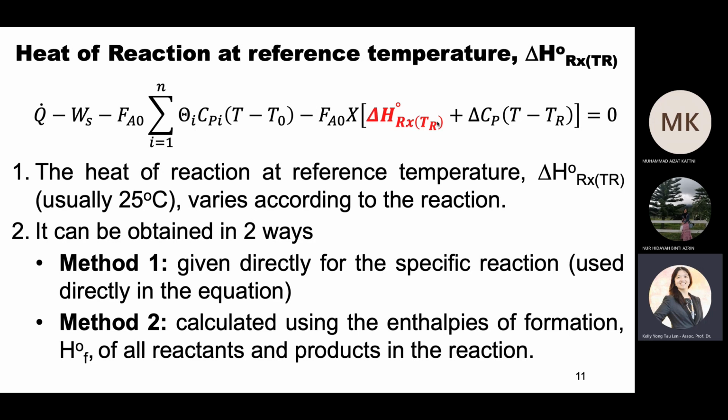Means heat of formation to form ammonia at gas phase and heat formation of ammonia at liquid phase, nilai dia pun boleh berbeza mengikut fasa, and of course it will be different according to the compound. Okay, so by using this heat of formation of your reactant and your product, you can use this to calculate heat of reaction. Okay, but how do we do this?